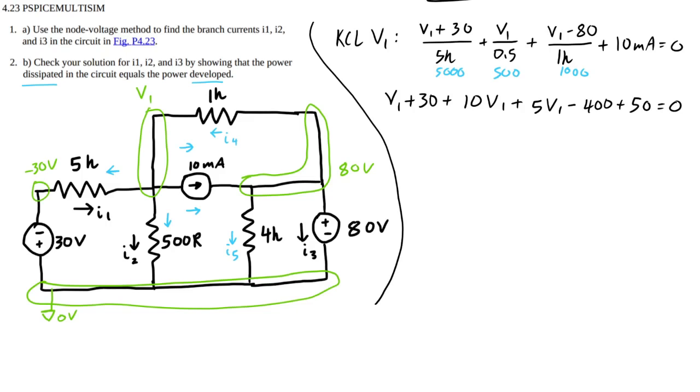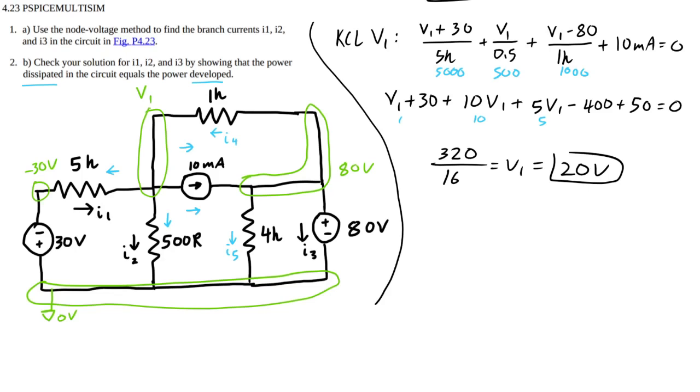Now, we're going to add up our V1s. So we get 1, 10, 5, so 16. And then 30 plus 50 is 80. 80 minus 400 is 320. So move the negative 320 to the other side. 320 divided by 16 is going to equal V1. So V1 is 32 divided by 16 is 20 volts.